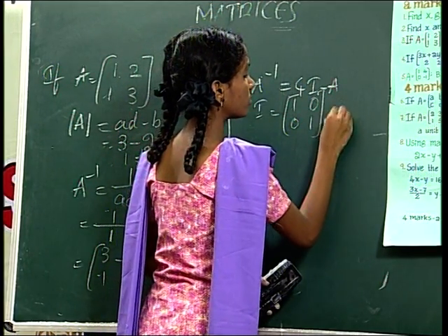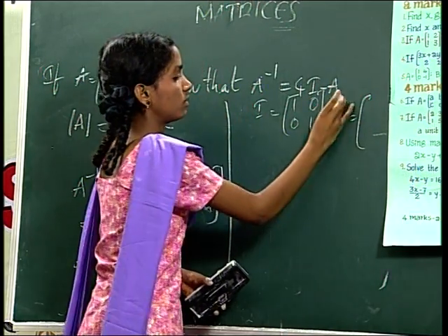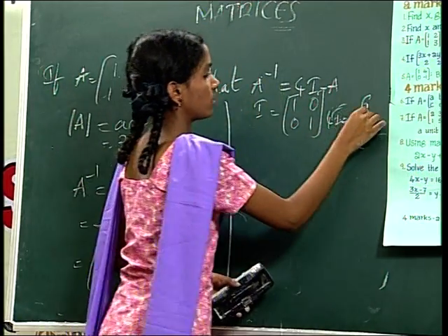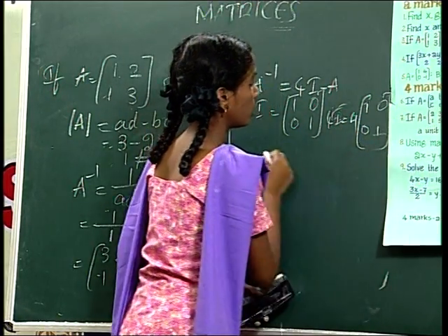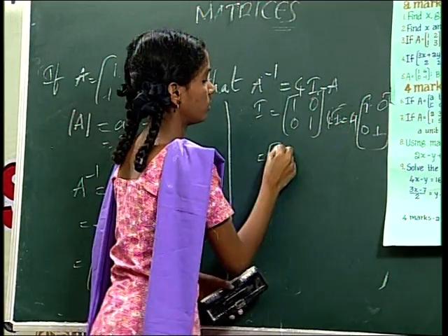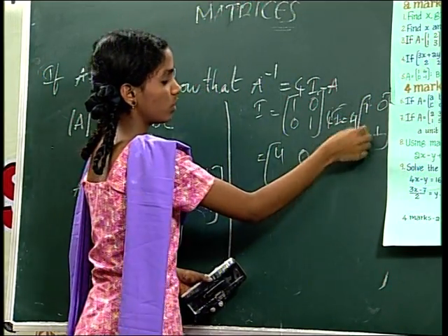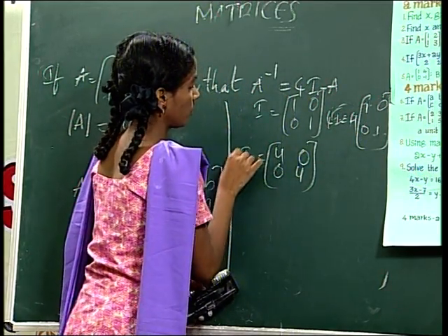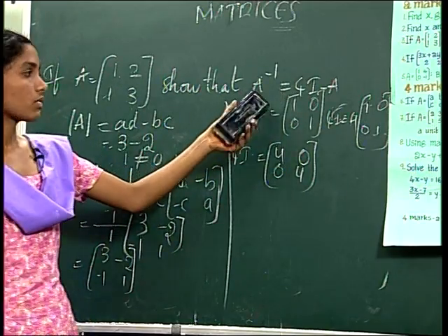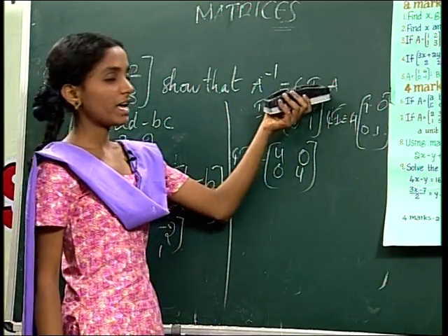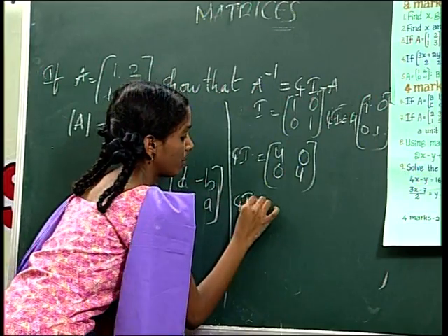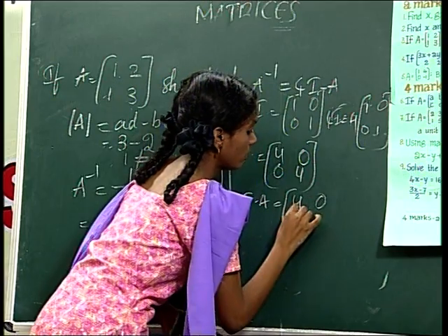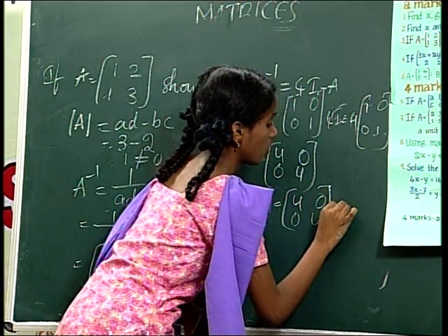What is the 4I matrix? 4 into I, that is 4 into 1 0 0 1, so 4 into 1 is 4, 4 into 0 is 0, 4 into 0 is 0, 4 into 1 is 4. This is the 4I matrix. Next we have to subtract, 4I minus A equals 4 0 0 4 minus, what is the matrix of A here?